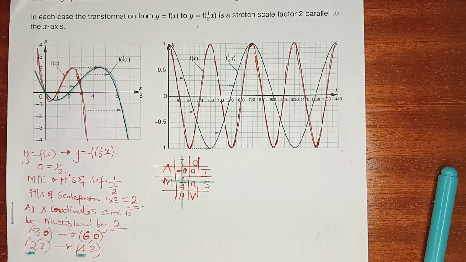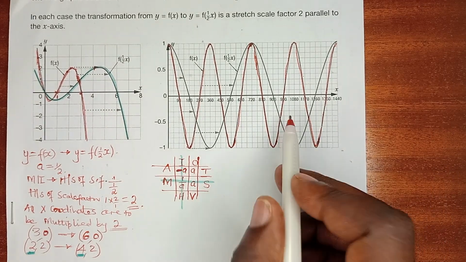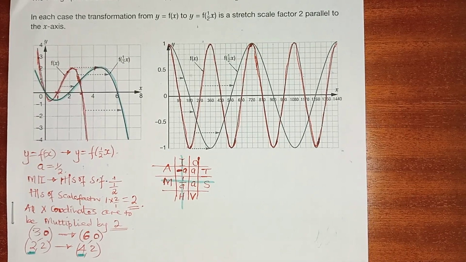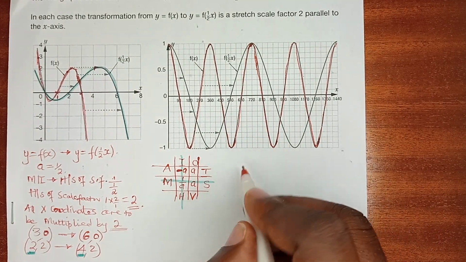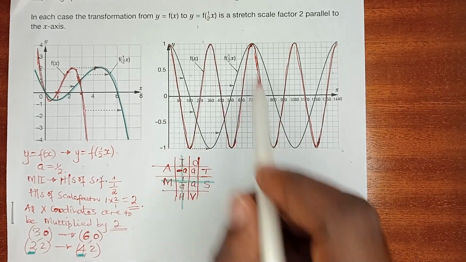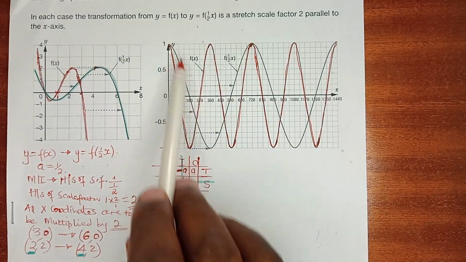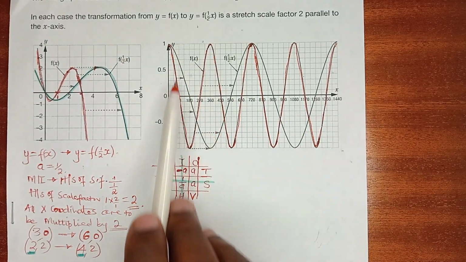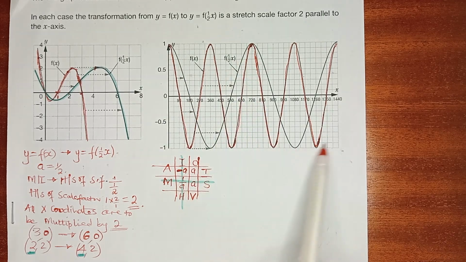So that is it. If we now get to the next graph, the red graph is y = f(x), and the black graph is y = f(a half x).